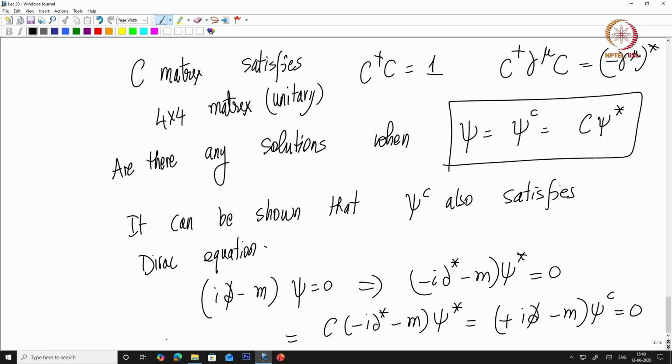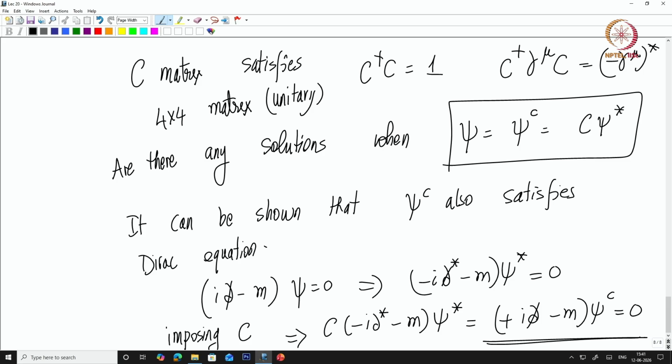So, multiplying with C on both sides gives me C(i∂̸ − m)ψ*. This is nothing but i∂̸, so the C and ∂̸ will just make it positive, and −Cψ* is nothing but your definition of ψ^c. So, ψ^c also satisfies the Dirac equation.